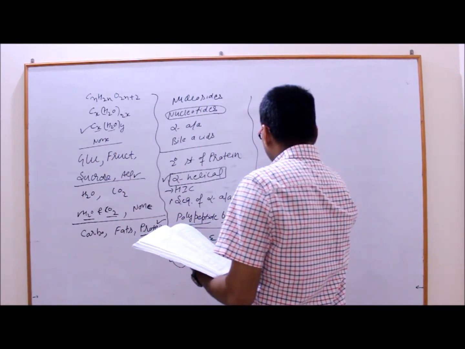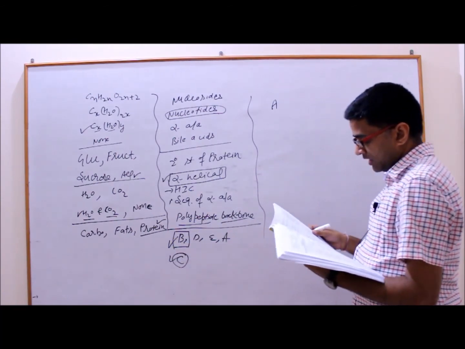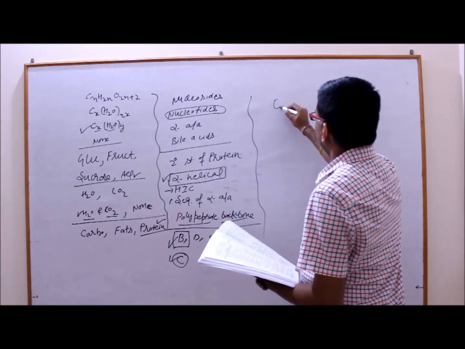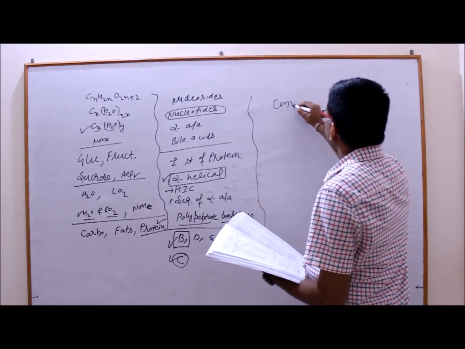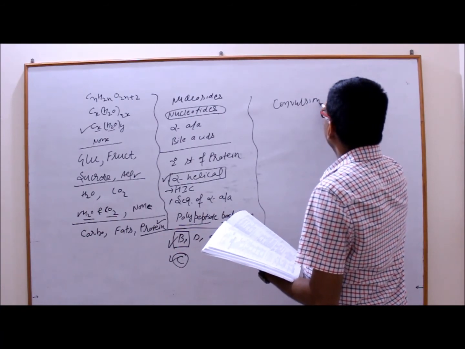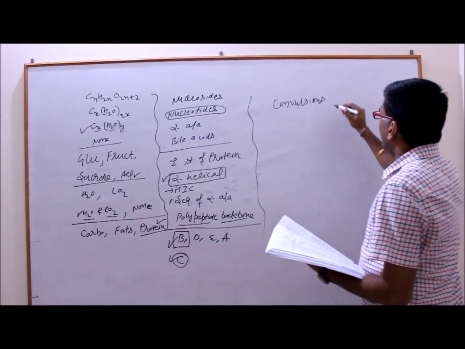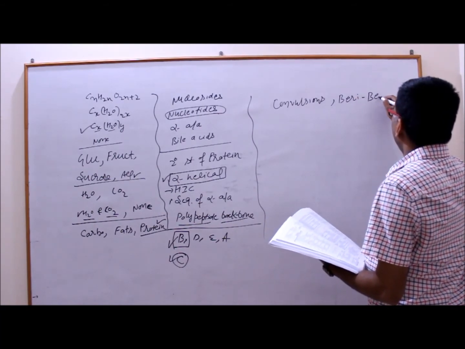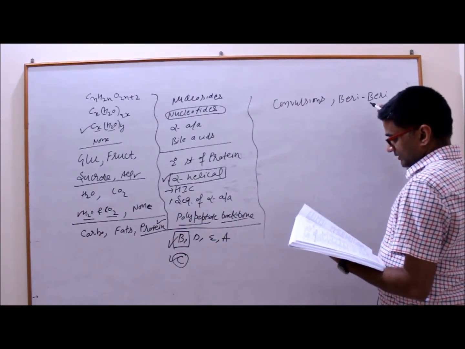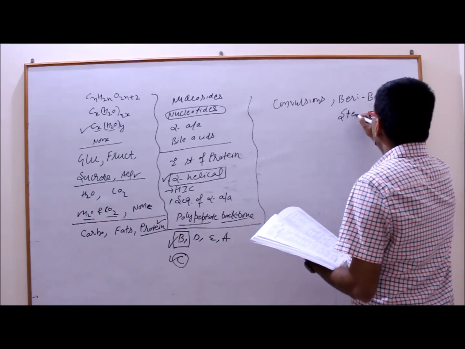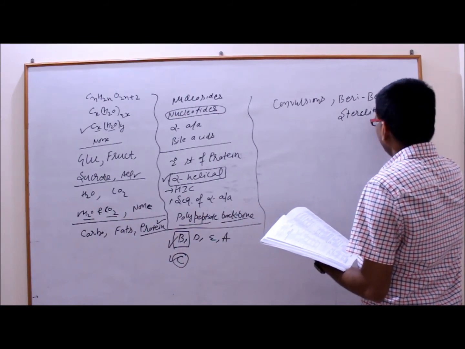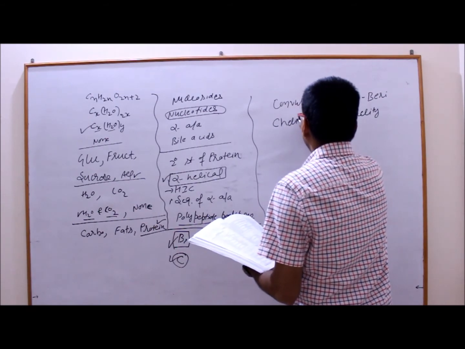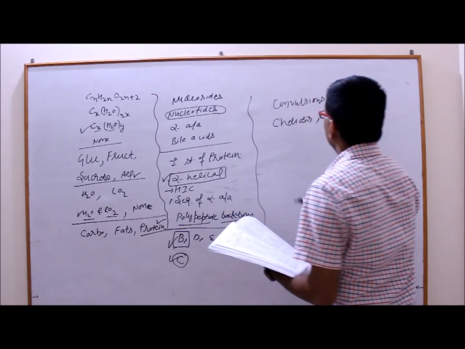Your options are convulsion, beriberi, sterility, and callosis.